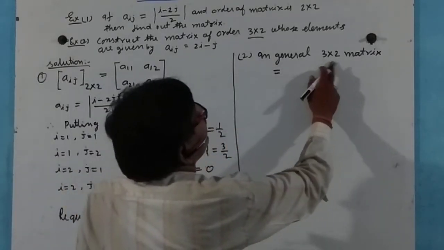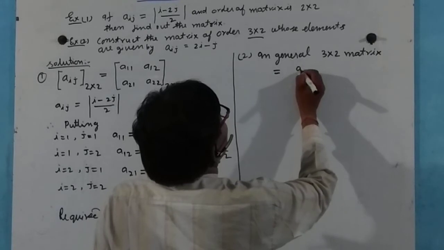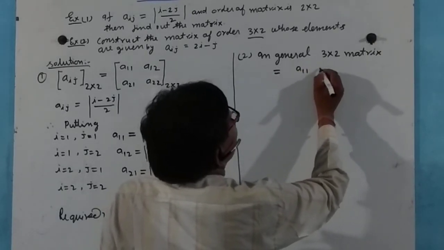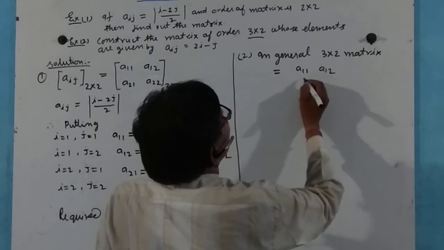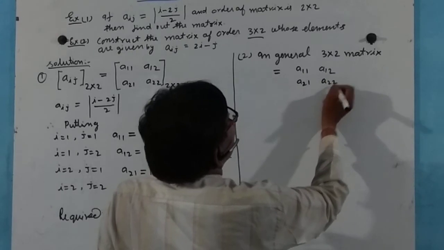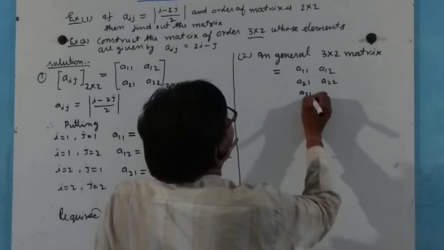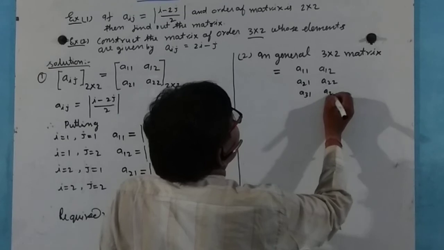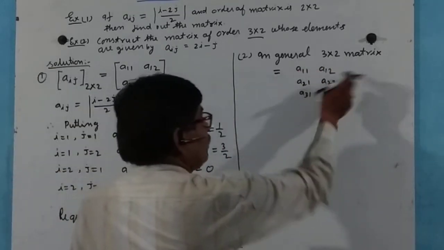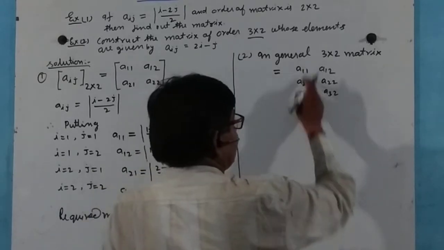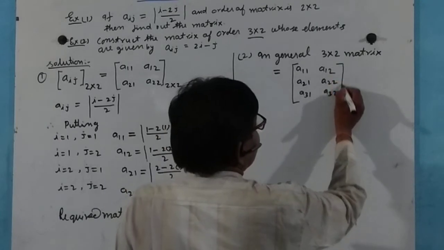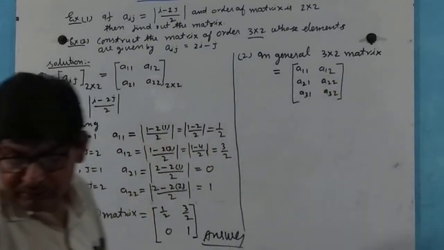Now in general, a 3 cross 2 matrix equals A11, A12, A21, A22, A31, A32. 3 cross 2 means 3 rows, first row, second row, third row, and first column, second column. This is given by this.